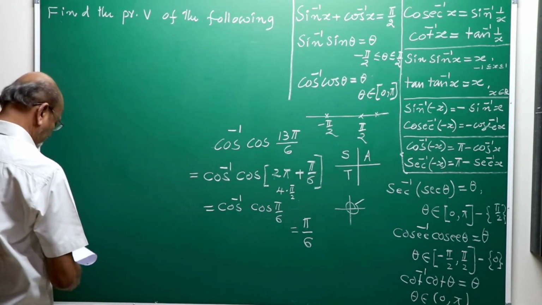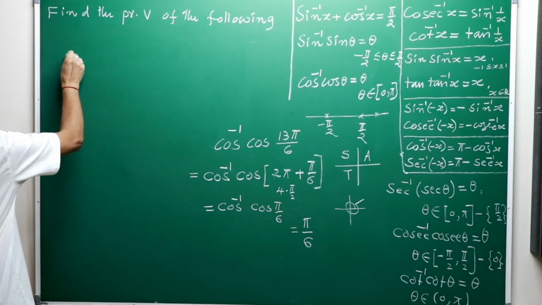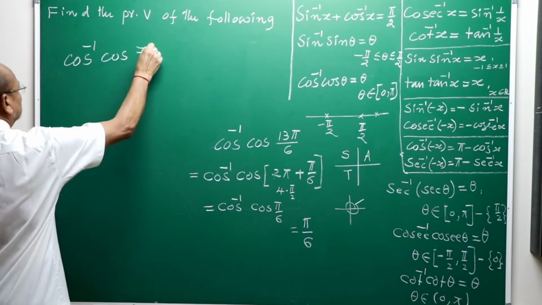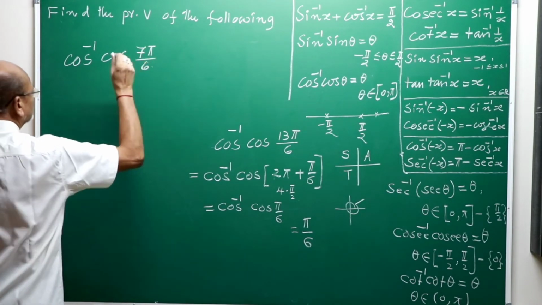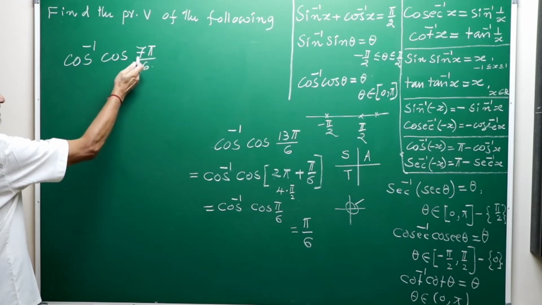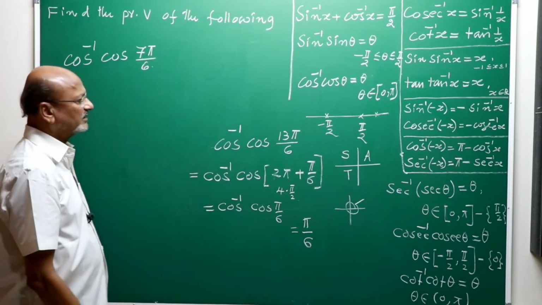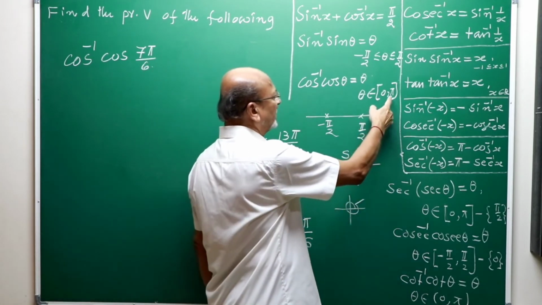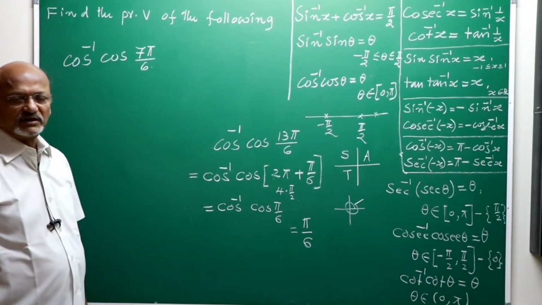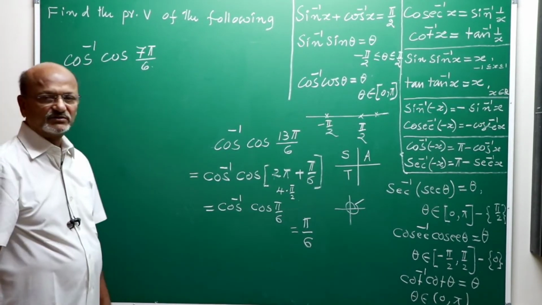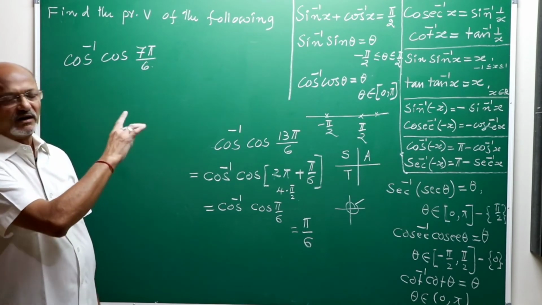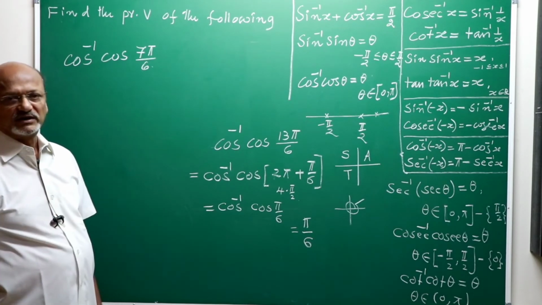This is cos inverse of cos 7 pi by 6. What is it? 30 into 7 is 210, which is more than 180 degrees, so we can't write this directly. By making use of the allied angle, you must express that angle between 0 and 180 degrees.